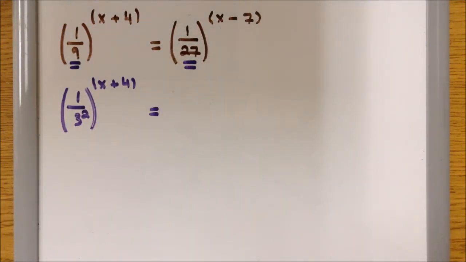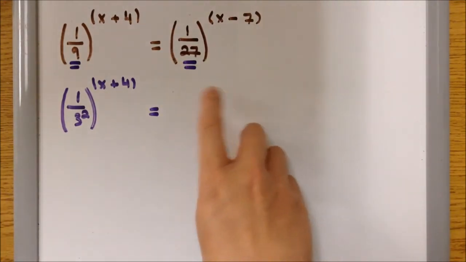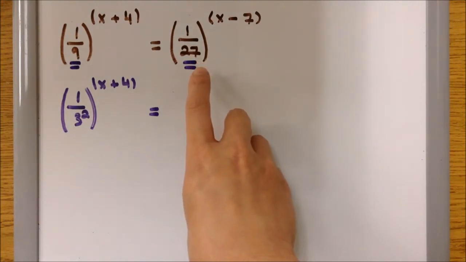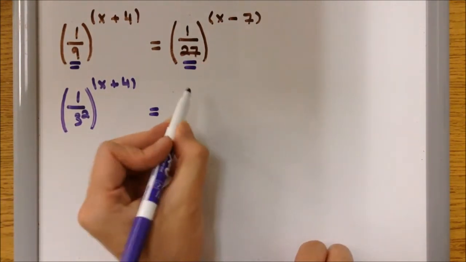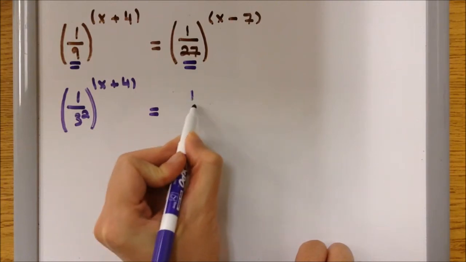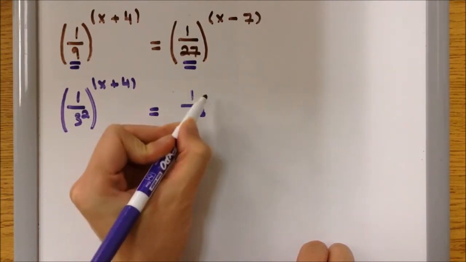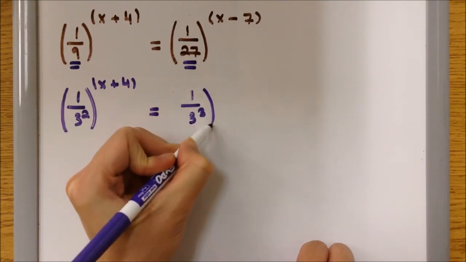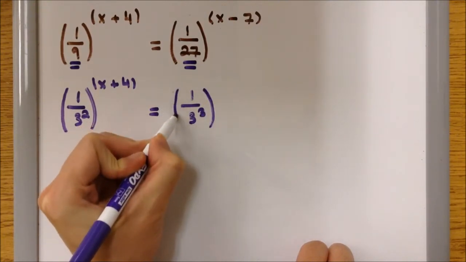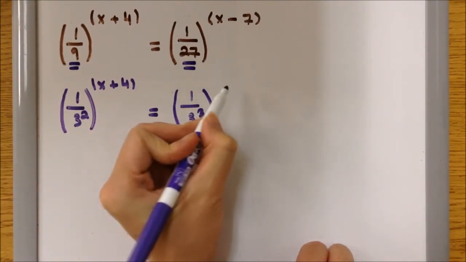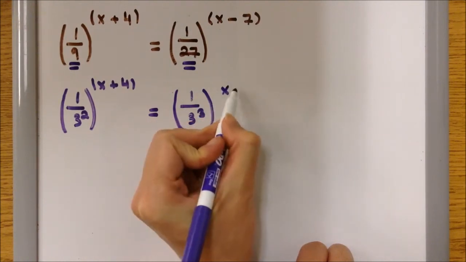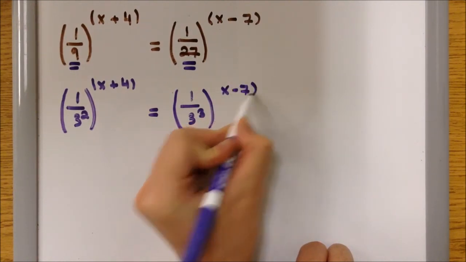Now 1 over 27. So 27 can be converted to a small base of 3. So 1 over 27 is the same as 1 over 3 to the third power. And the whole fraction is being powered by x minus 7.